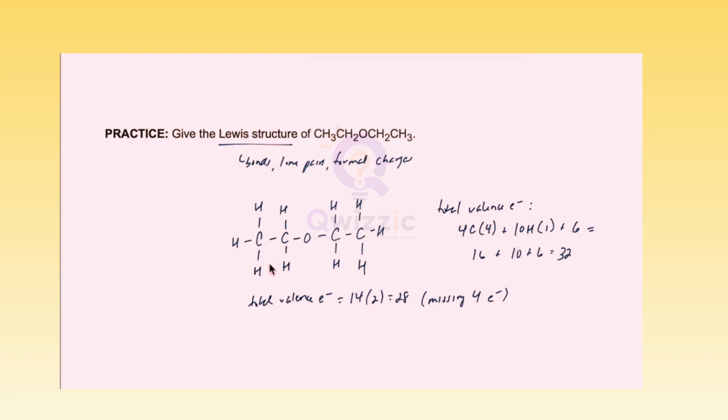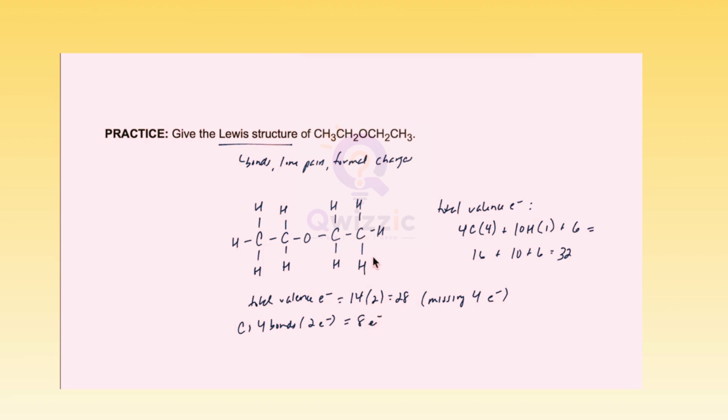Who has a completed octet and who doesn't here? Well, the hydrogens all have their single bond, so they've got all the electrons they need. Our carbons, each of them has 4 bonds. So for carbon, we've got 4 bonds multiplied by 2 electrons equals 8 electrons.